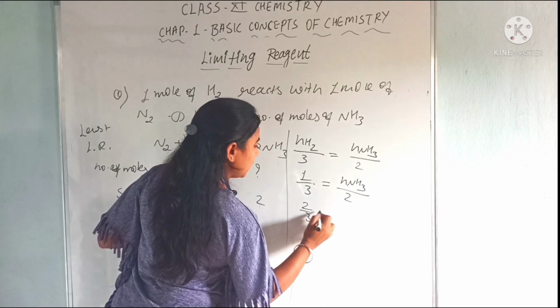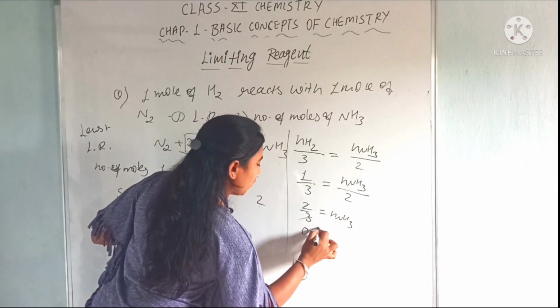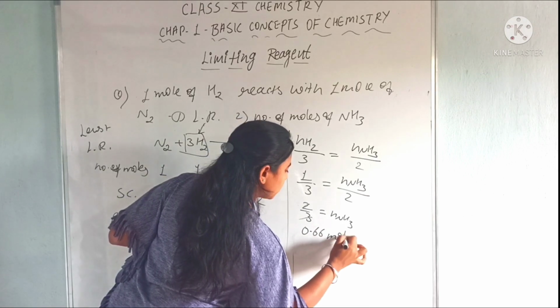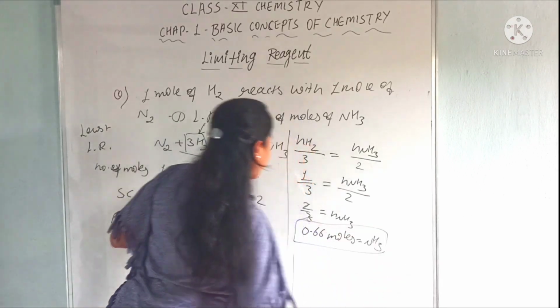So 2 by 3, which is 0.66 moles of ammonia produced. So this is our answer.